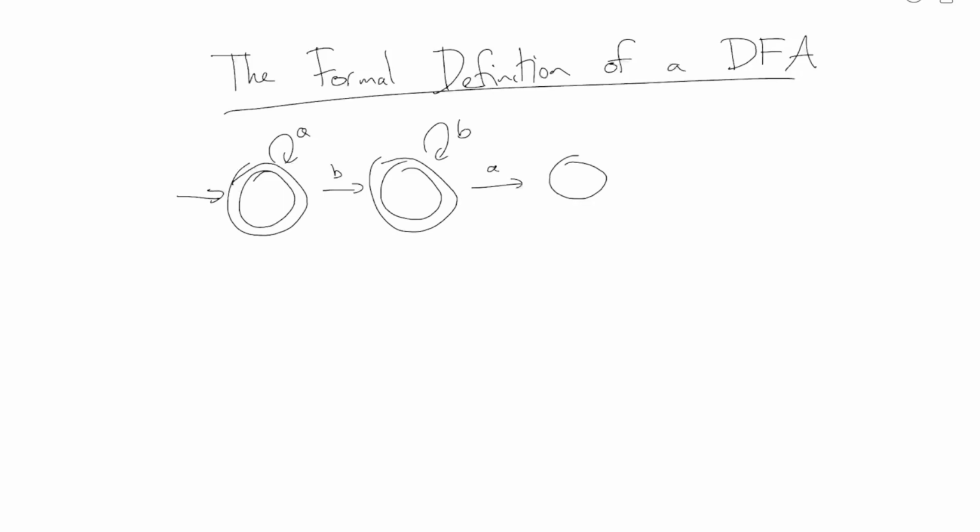We need to somehow, from the diagram, distill down all of the important ingredients. So a DFA, on some kind of theoretical level, can be boiled down to 5 important types of information that are carried by the diagram. I'll say ingredients.